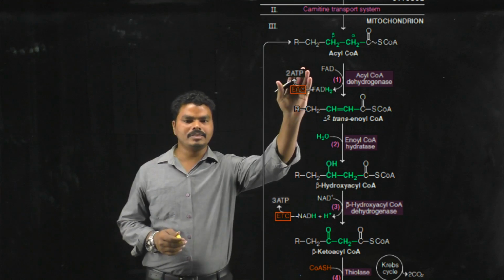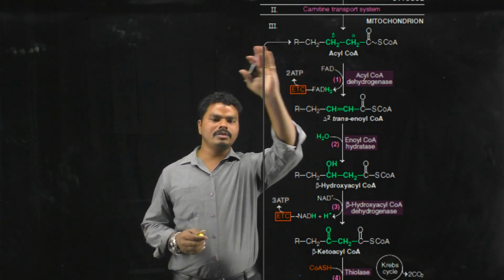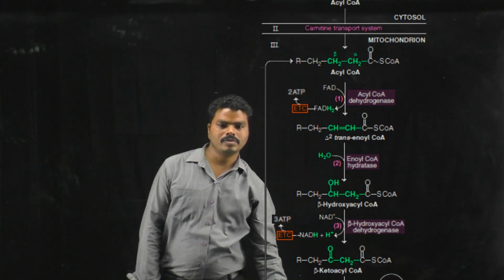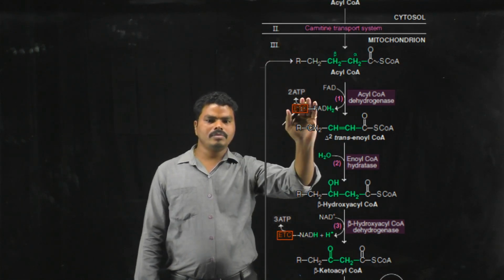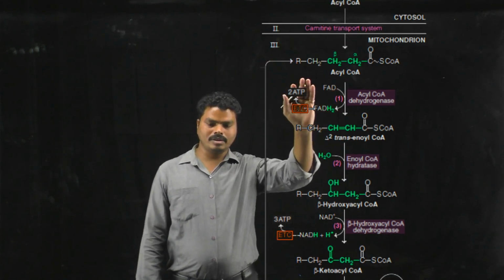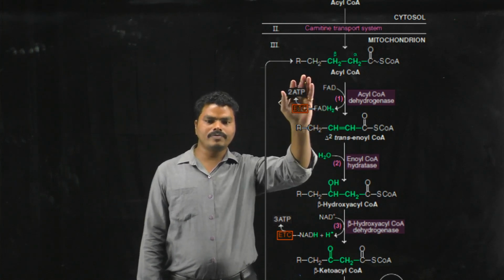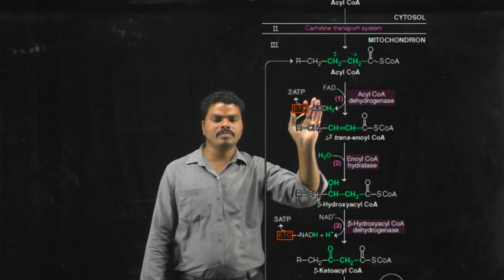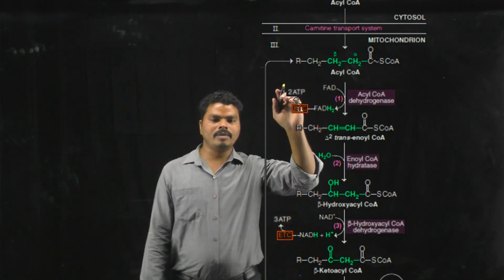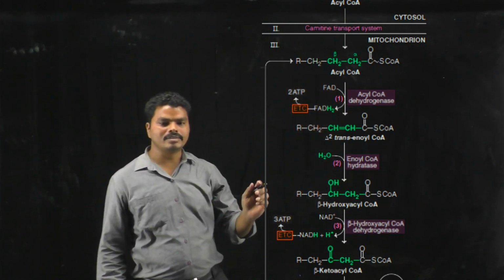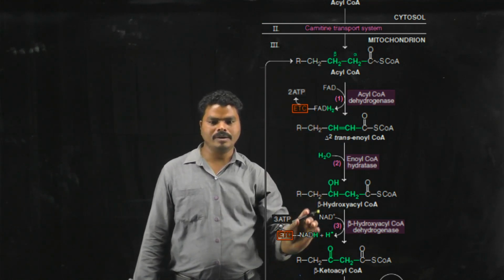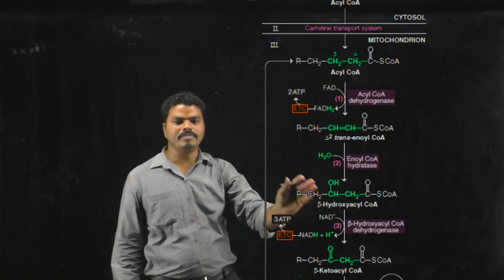So here we can see this acyl-CoA is transferred from the cytosol to the mitochondrial matrix. After entering the mitochondria, it is subjected to beta oxidation. So let us see the different steps involved in beta oxidation.